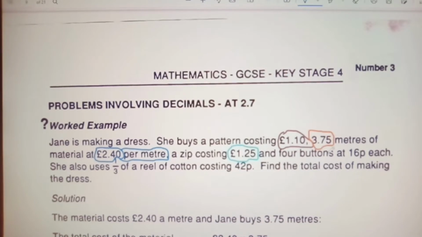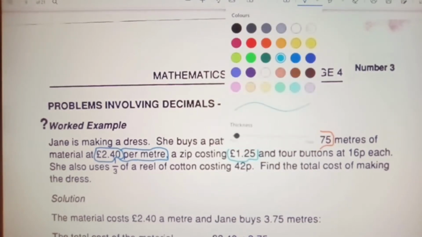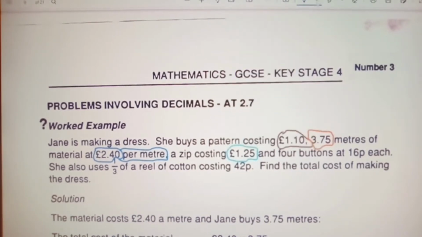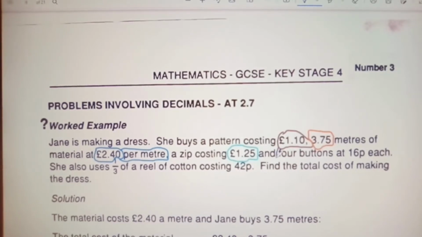And 4 buttons. Now remember that it is 4 buttons, so let me get another color. Here we have this information for 4 buttons at 16 pence each.